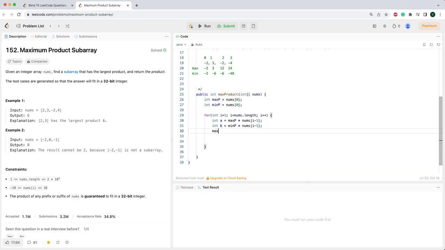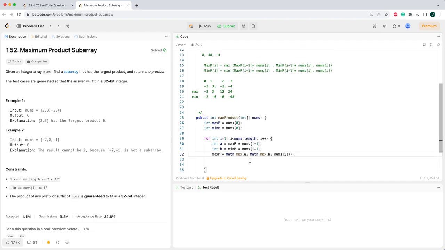And the max p will become the Math dot max of a comma b, and this will always be Math max of b and nums i, right? This will be i, not i minus 1.